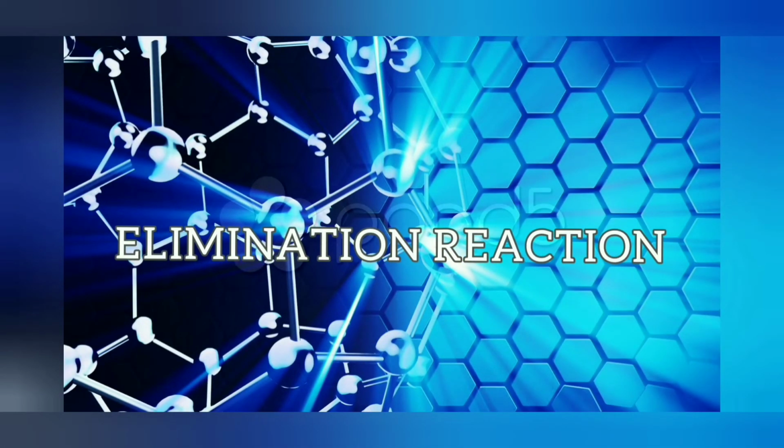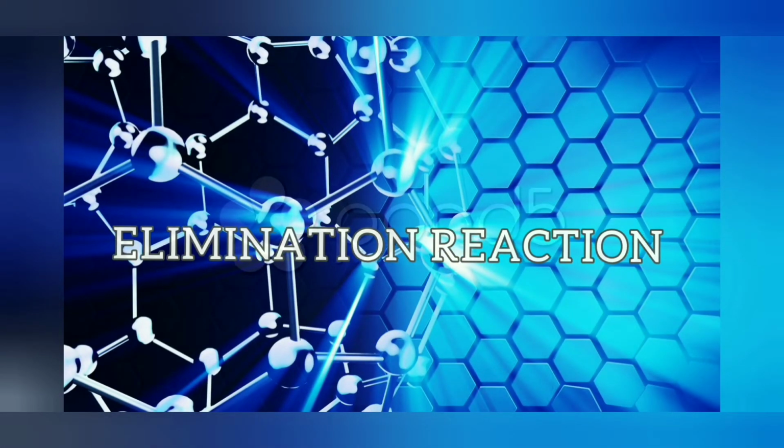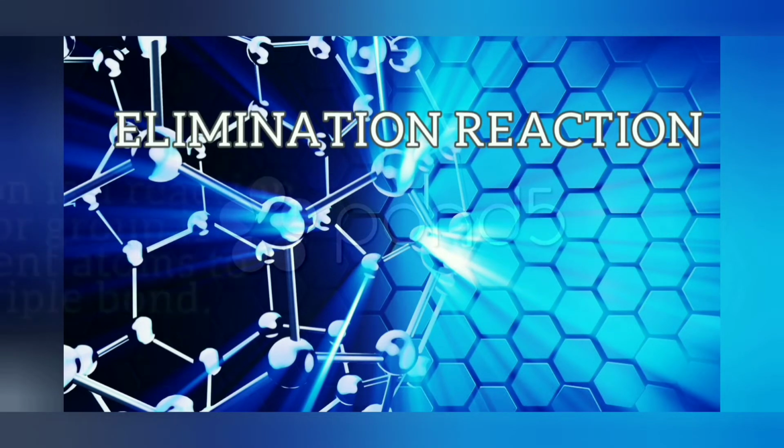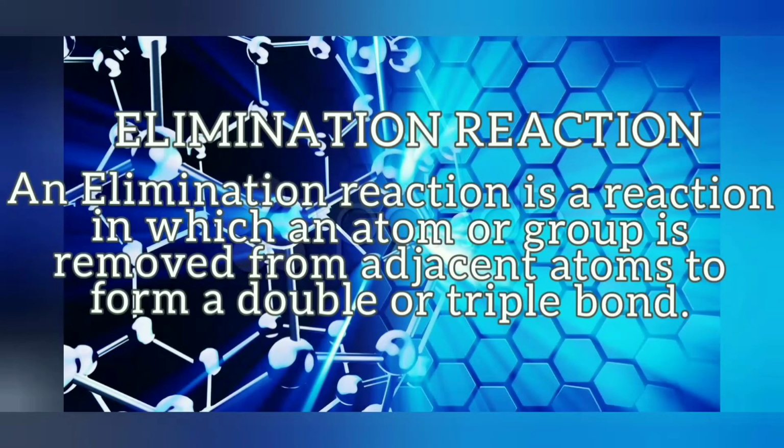Another type of general reaction is the elimination reaction. An elimination reaction is a reaction in which an atom or group is removed from adjacent atoms to form a double or triple bond.